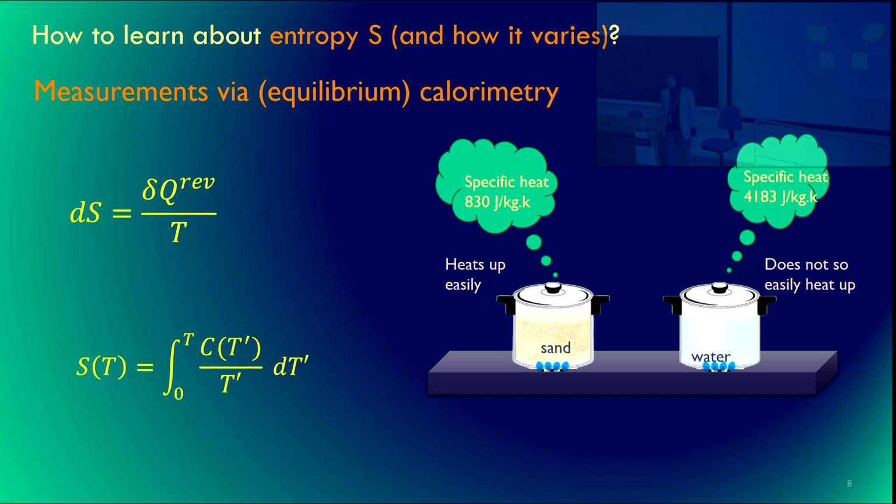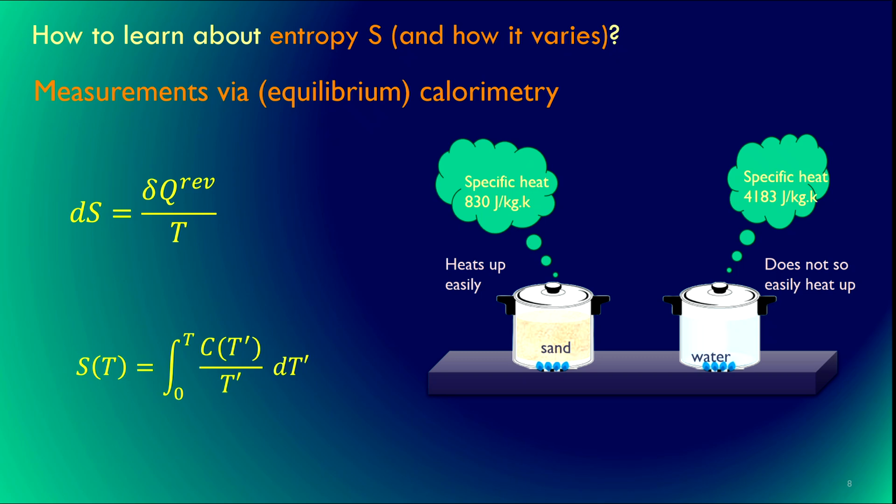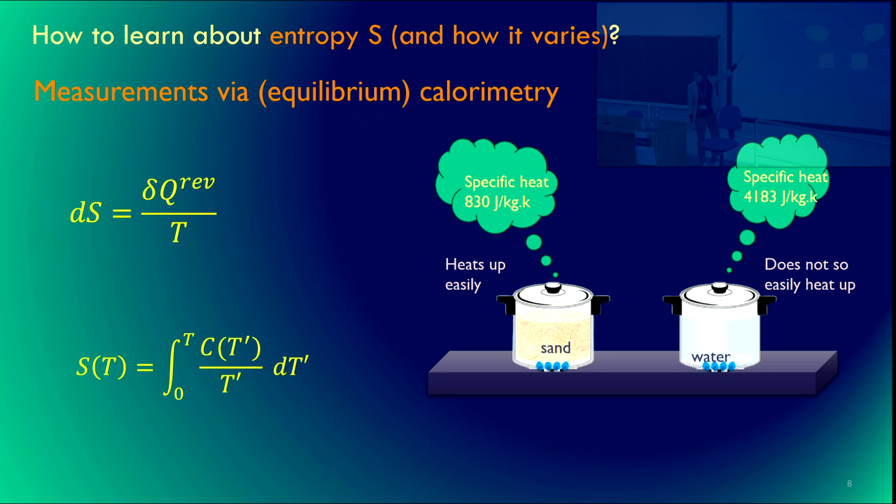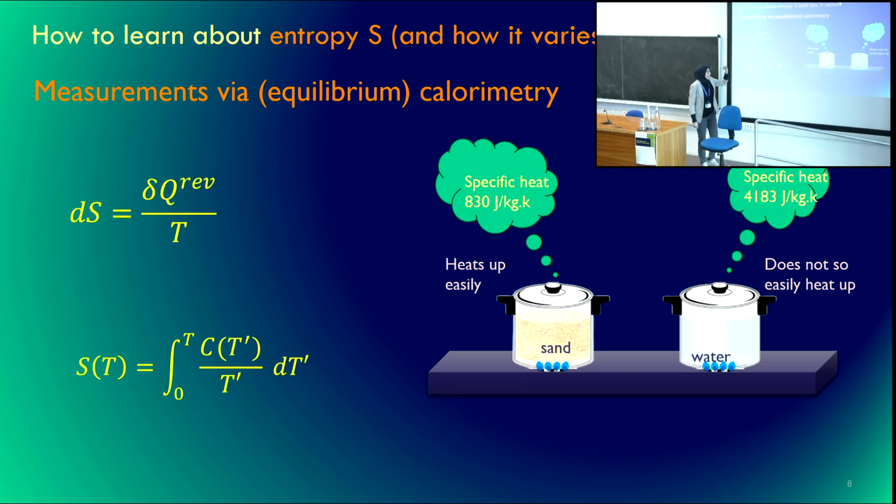We need heat. This formula is really important. Of course, I'm in equilibrium and speaking about the reversible heat. And this heat comes, of course, from the first law as well. I will explain in more detail. But another way to measure heat: what is the quantity to speak about the heat?